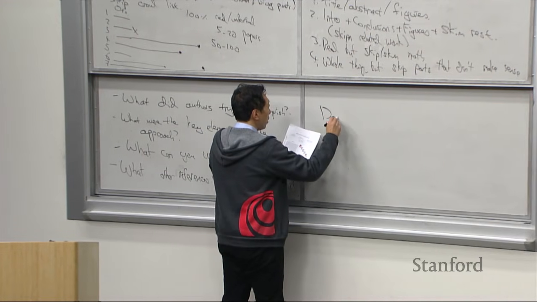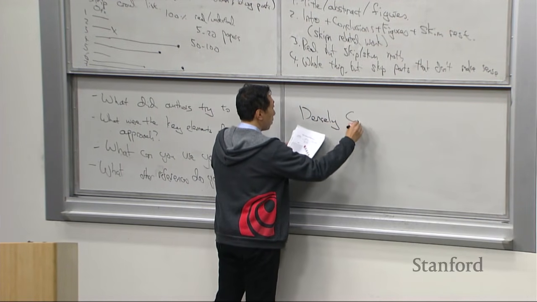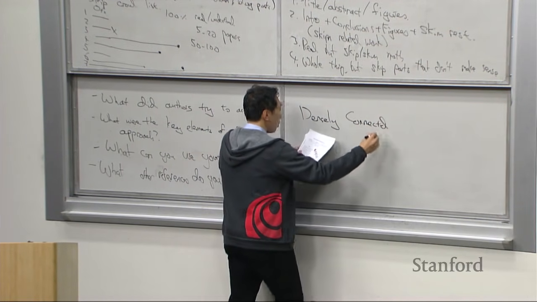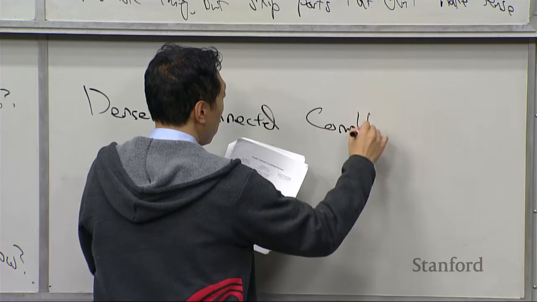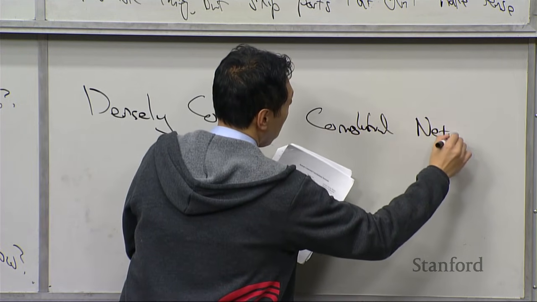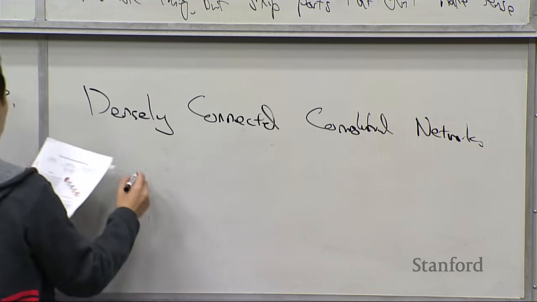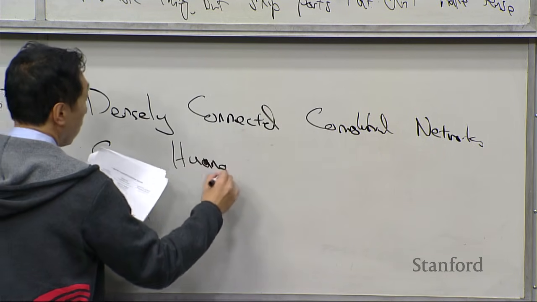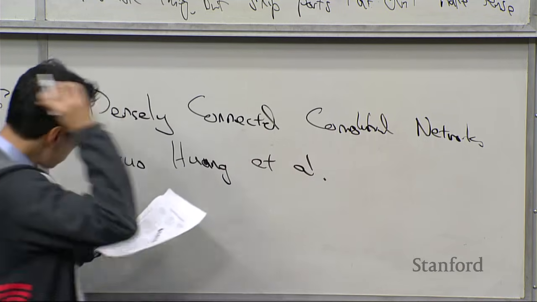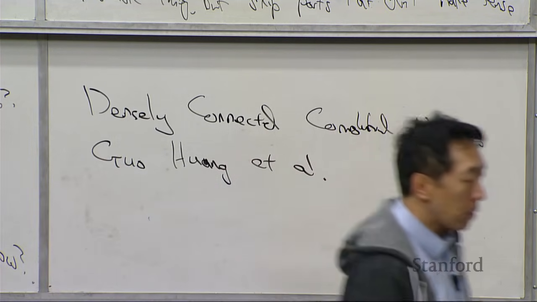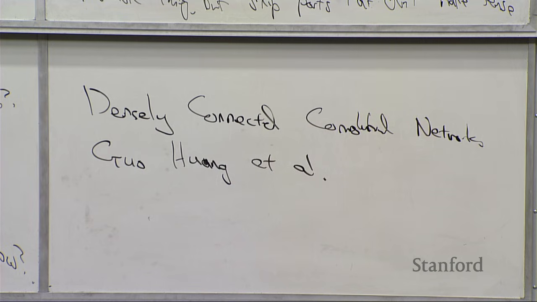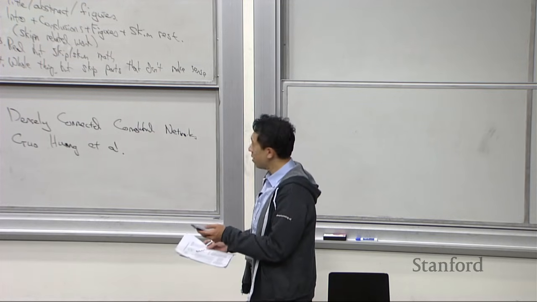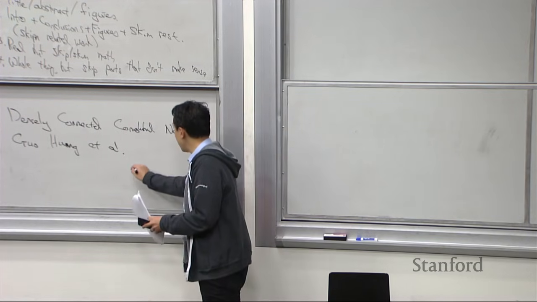And search for this paper, Densely Connected Convolutional Neural Networks by Gao Huang et al. Okay. Take out your laptops, search for this paper, download it. You should be able to find this on arXiv, A-R-X-I-V, right? And sometimes you also call this DenseNets, I guess.